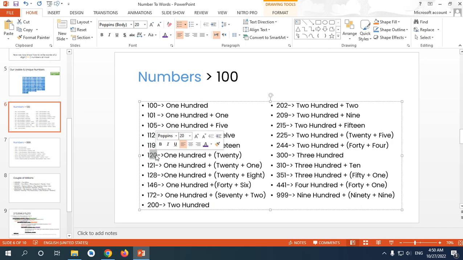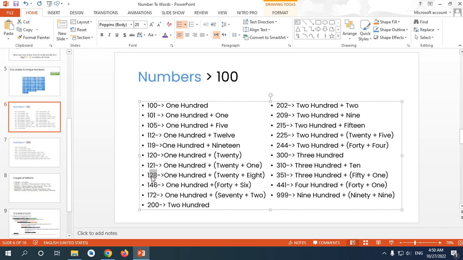Once we get to 20, 20 is unique, so it's 120. Right now it gets real. 121 here. How can we start analyzing this? We have the left side, which is 1, it's 100, and now we have the 2 digits beside 1, which is 21. How can we solve this? We have 21, the tens of 21 is 20 plus the remaining, which is 1, so 21.